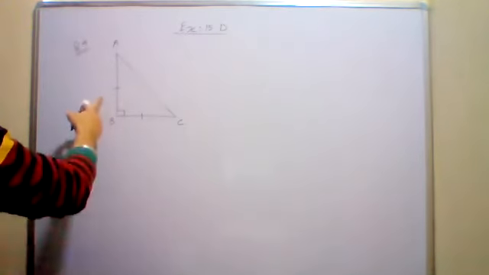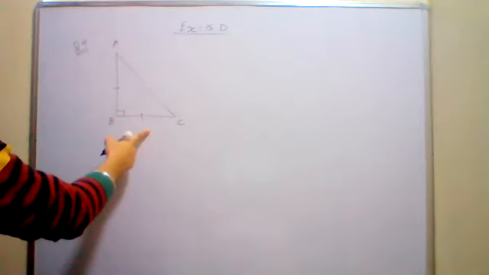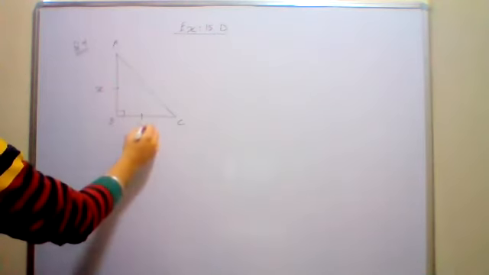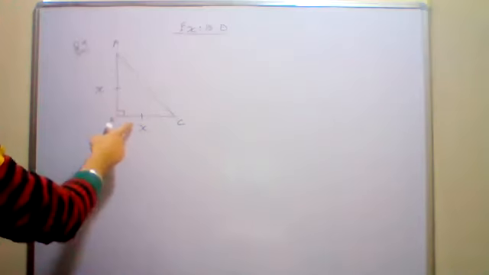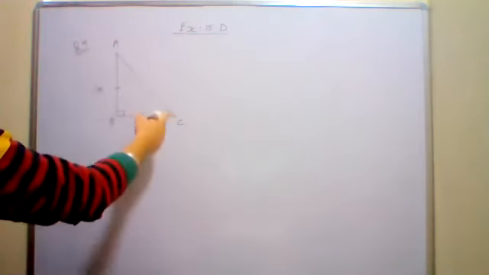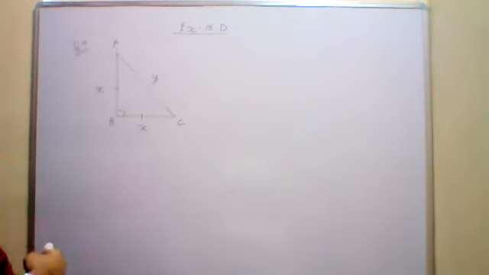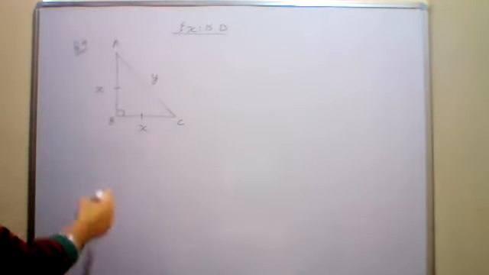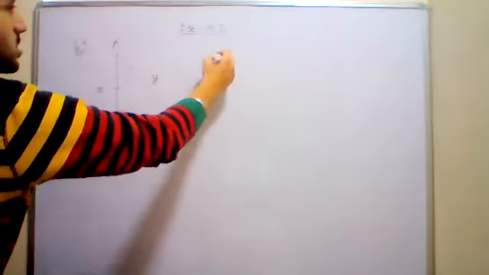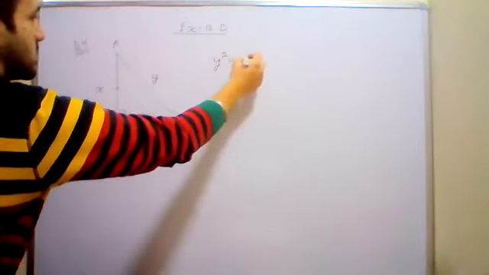So these two sides are given equal. Let us assume that the two equal sides are x each, because both are equal. And let us assume that the hypotenuse is y. It is given that the square of the hypotenuse is equal to 50.